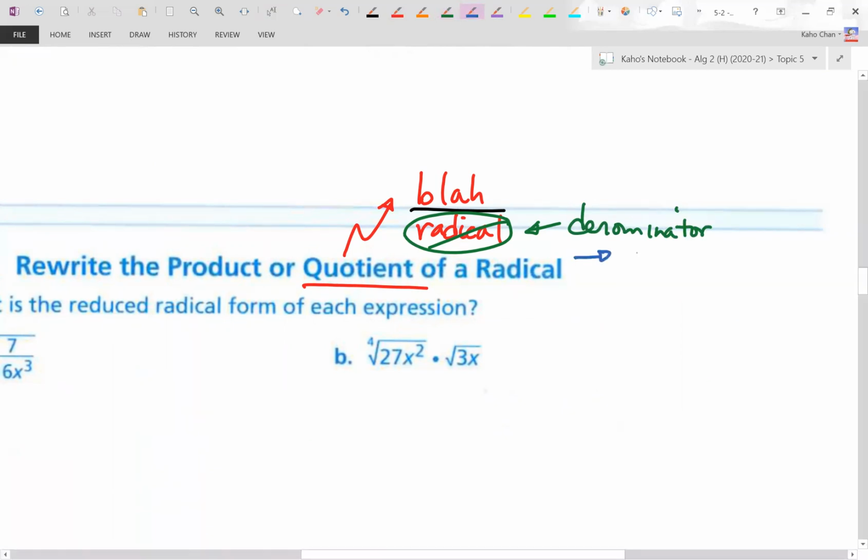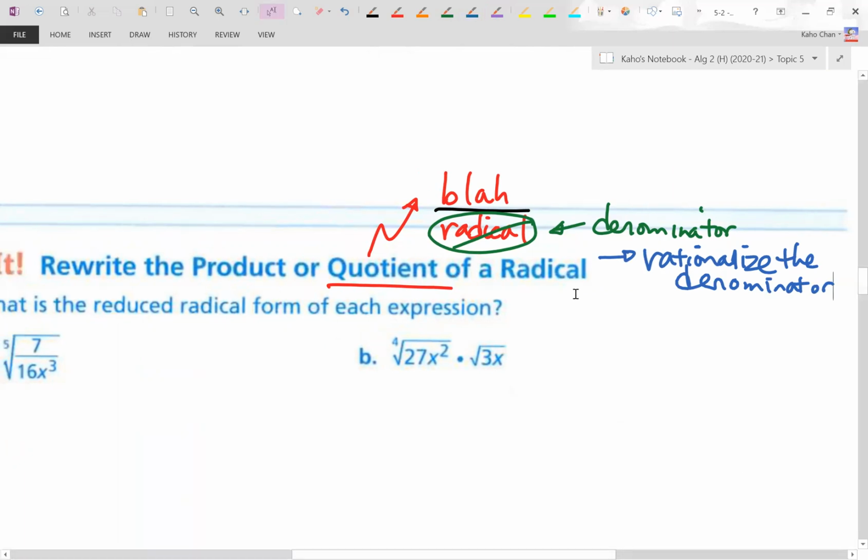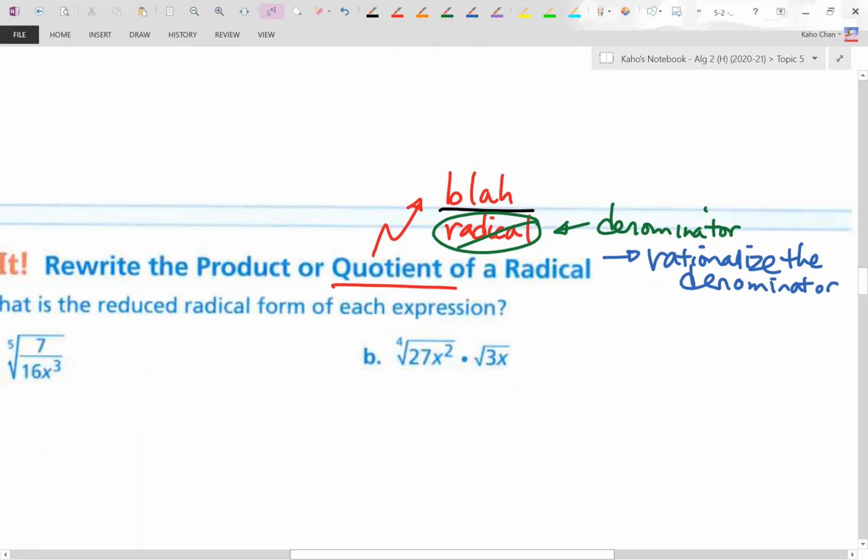That is the key. Basically, we're manipulating the fraction into another form of itself that's not reduced, so to speak. We're unreducing it. We're changing it so you don't have a radical in the denominator. I'll show you in a moment how that looks, okay?